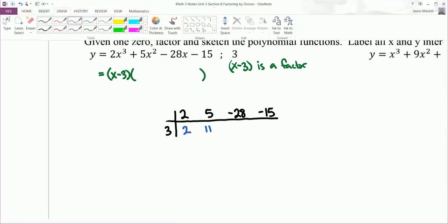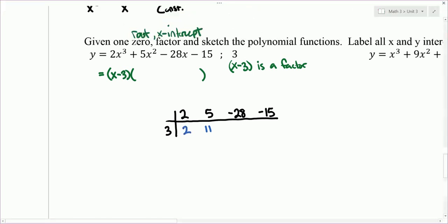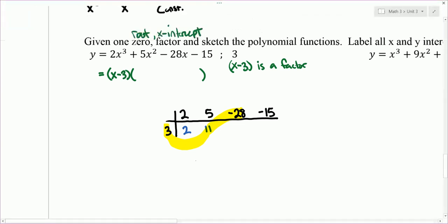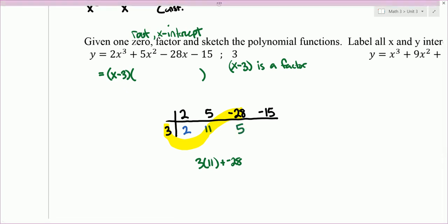And then we're going to multiply 3 times 11, and then add negative 28. So 3 times 11 is 33, plus negative 28 is 5. I'm going to write the 5 below the negative 28.